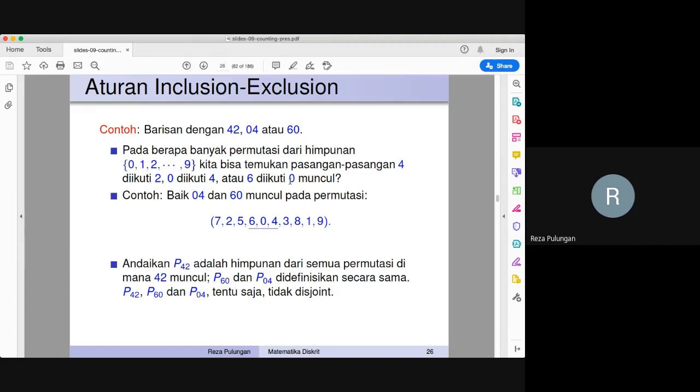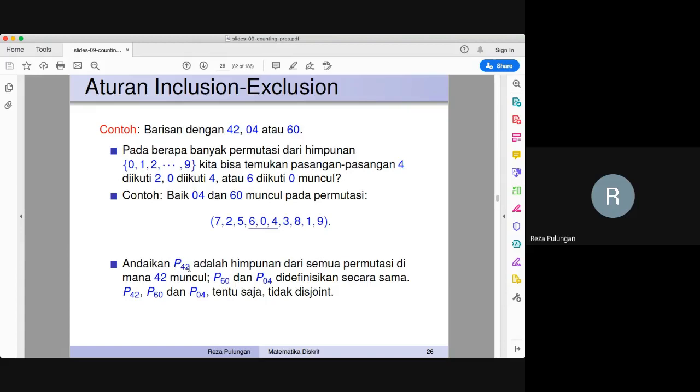We deal with this by thinking about the rules that we can use. Our problem here is already sequenced, so right now we are just going to use the rules that we have. Assume P42 is the set of all permutations in which 4 followed by 2 appears.